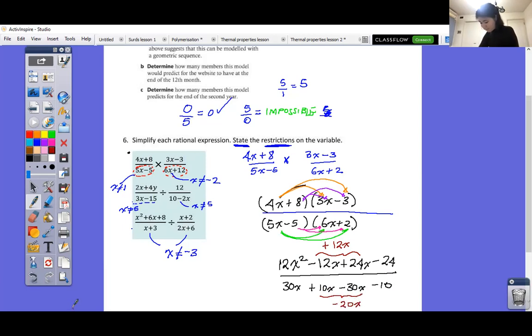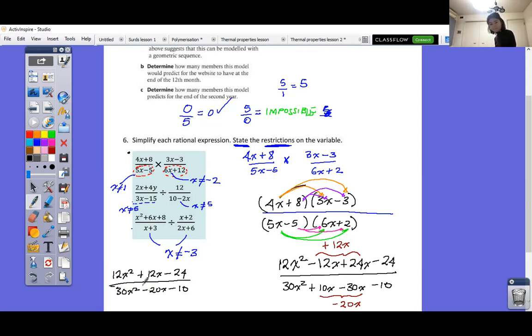So now, if I rewrite this, I now have 12x squared plus 12x minus 24. Is that what you got? I changed it. And the one below is 30x squared minus 20x minus 10. And absolutely right. This is 30x squared minus 20x minus 10.